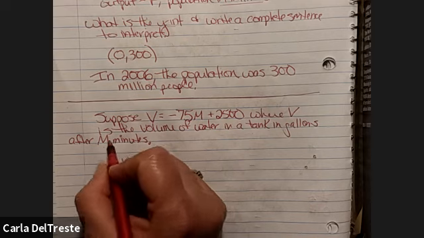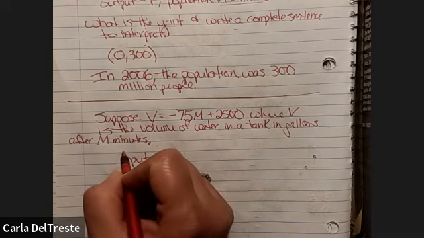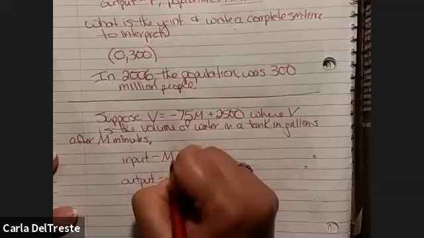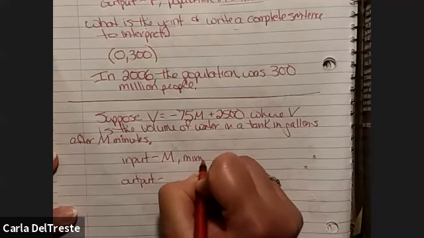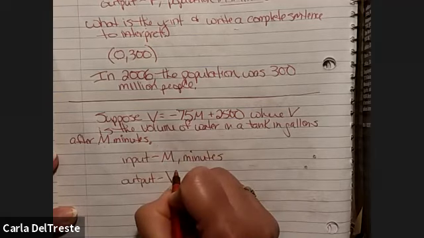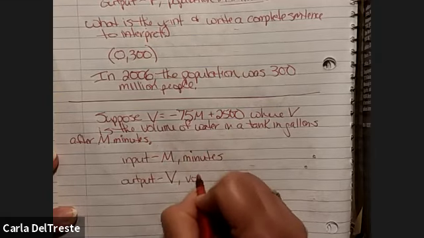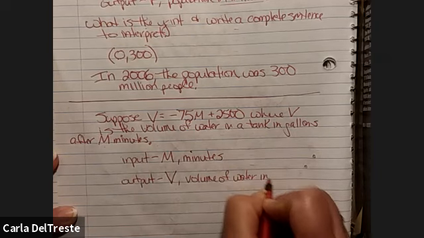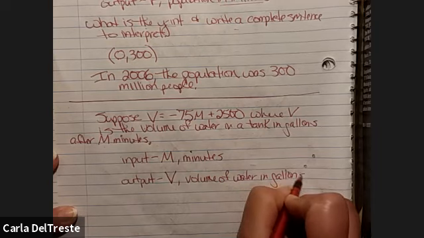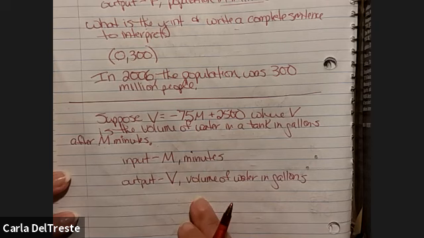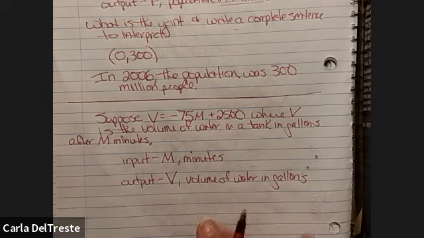So most of the time, you're going to see that time is a very common input. So the input here is going to be m, which is minutes, which means the output here is V, which is the volume of water in gallons. So gallons of water. This is important to note because, again, you're going to be interpreting things.